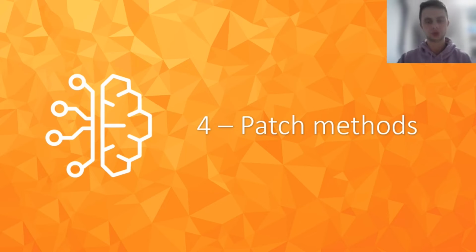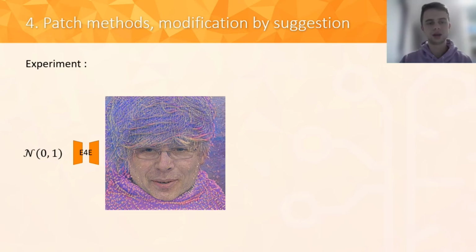Now I'll talk about a new method we came up with during the competition that we call the patch method. Basically, what we found out about our encoder for editing is that it encodes images really close to the original StyleGAN2 latent space.